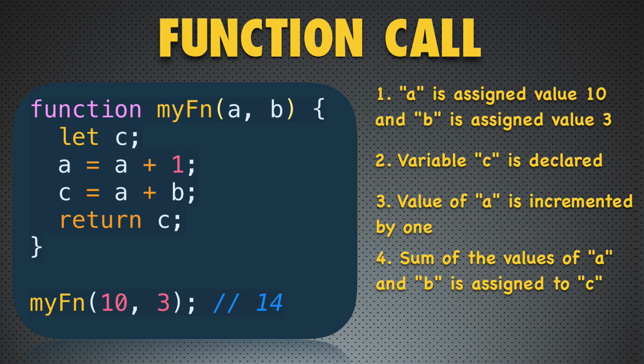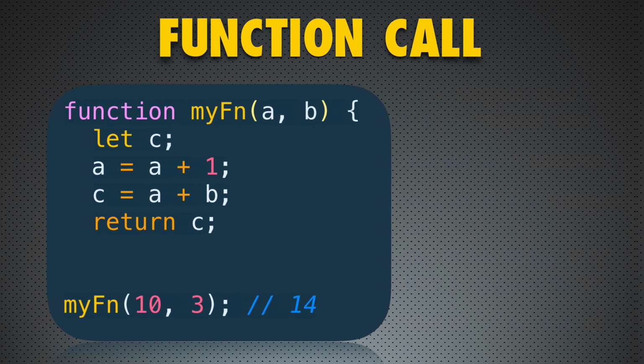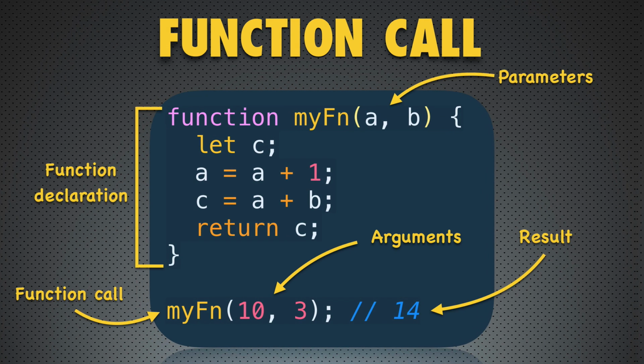On this line, the value of variable c, that is 14 at the moment, will be returned back as the result of the function. And this completes the function call. Please note that in this example, the number 14 will not be printed to the console, because there is no console.log statement. But this value will be returned as the result of the function call.